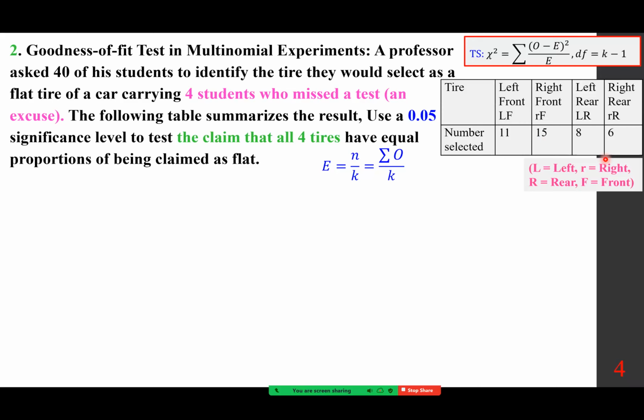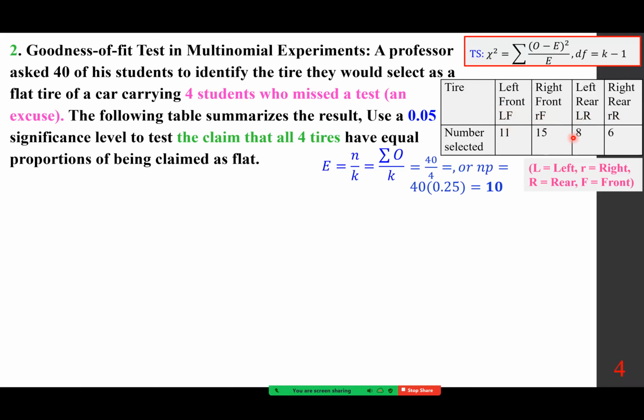I'm using LF to represent left front, lowercase rf to represent right front, and uppercase L, uppercase R to represent the left rear, lowercase r, uppercase R for the right rear, just to give you an idea. First and foremost, we will add them up.